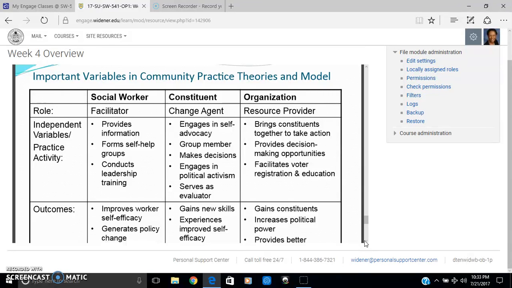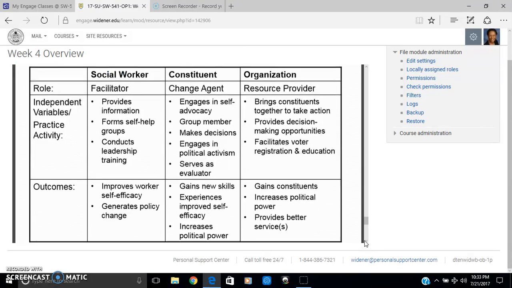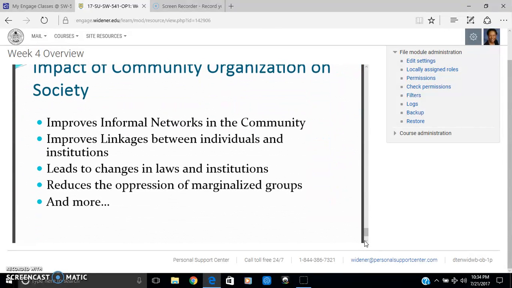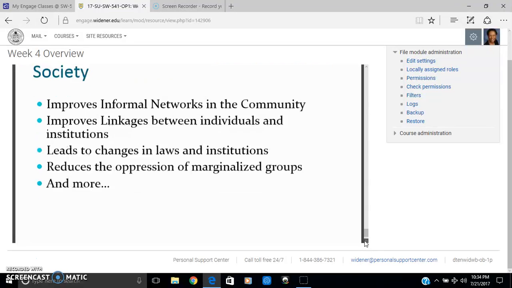Variables in community practice theories, a model. This is a schematic that talks about those variables. And then the impact of community organization on society.